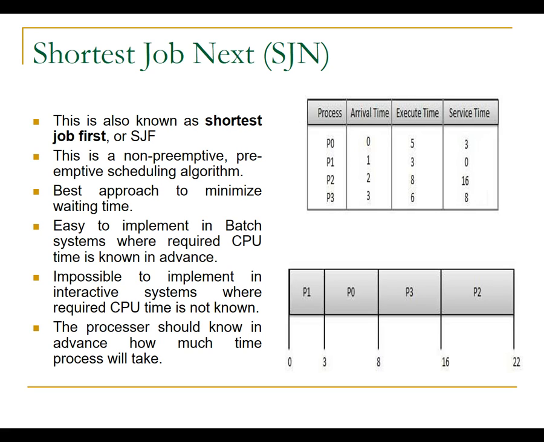Shortest job next executes all the micro processes first, and then it queues up all the minor processes, and then it queues up all the major processes.